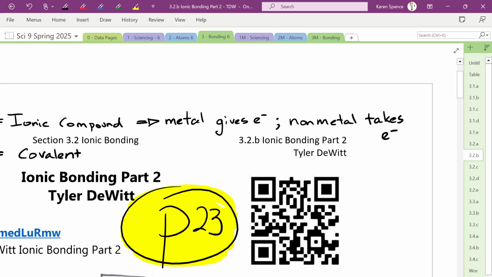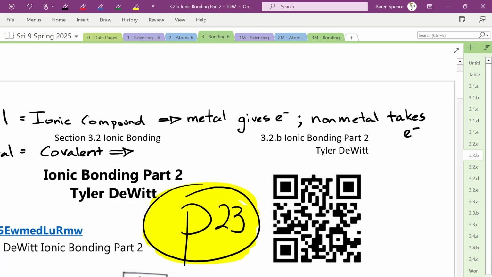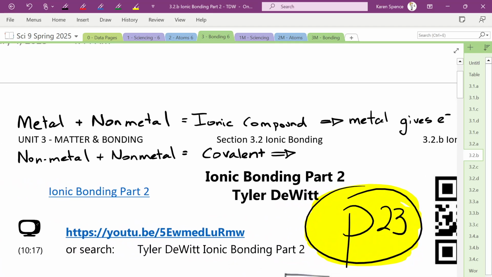The metal gives electrons, the nonmetal takes electrons. Okay, now nonmetal plus nonmetal is covalent.